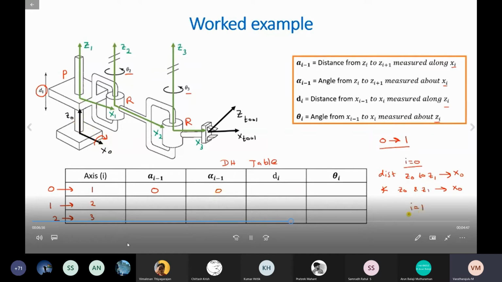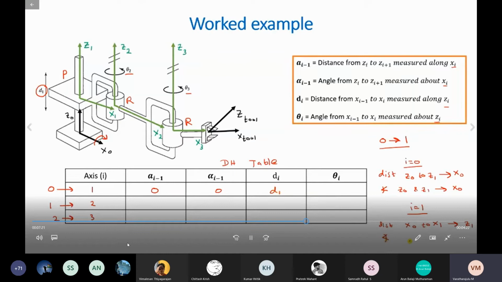Now i becomes equal to 1. Again, for d_i we want the distance from x0 to x1 along z1. So the distance between my x0 and x1 along z1 would actually be d1 because it is a prismatic joint.